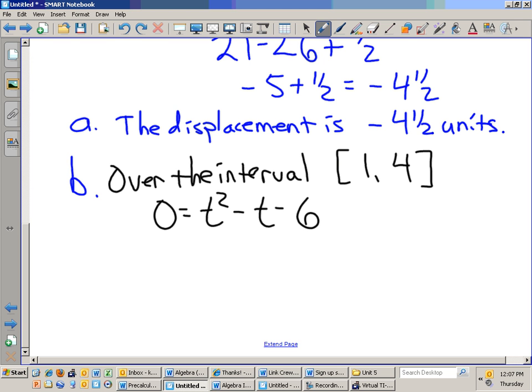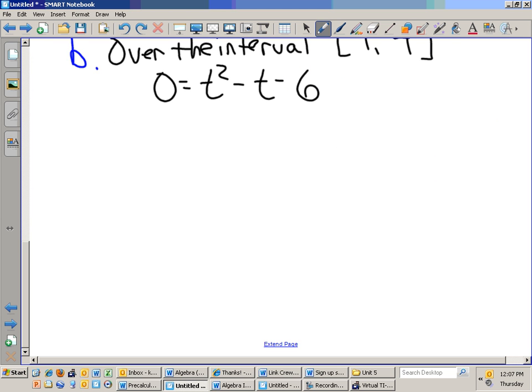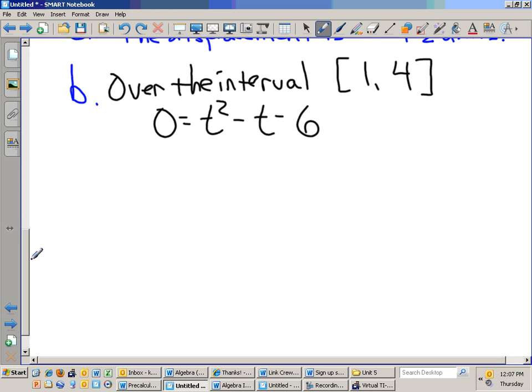Over the interval 1 to 4, I want to know where does t squared minus t minus 6 equal 0. I want to know where it crosses over that spot and goes from positive area to negative area. And so when I set this equal to 0, I can factor this.